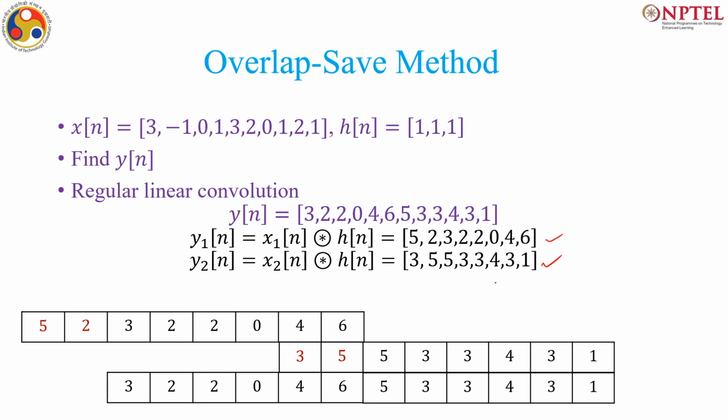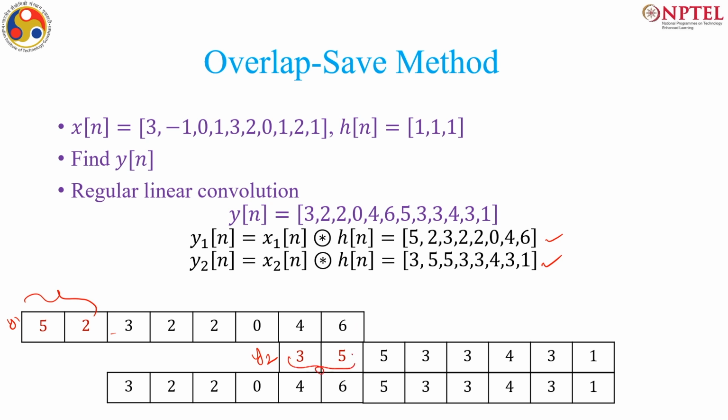Now, I have to do something called overlap and save to find the final subsequence. So, this is my first subsequence, which I say is y1, and this is my second subsequence, which is y2. Now, what to do next? As I said, I will discard m minus 1 values of y1 and y2, which means I will discard these 2 and save the remaining.